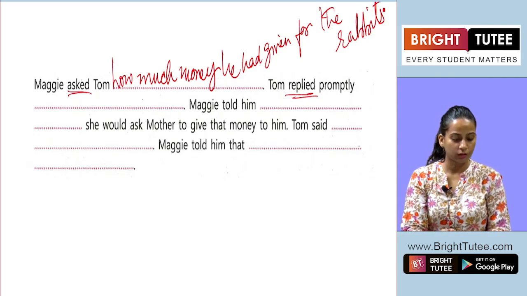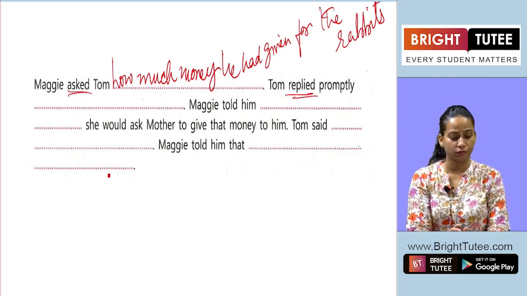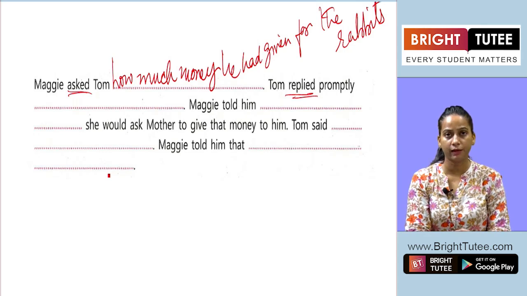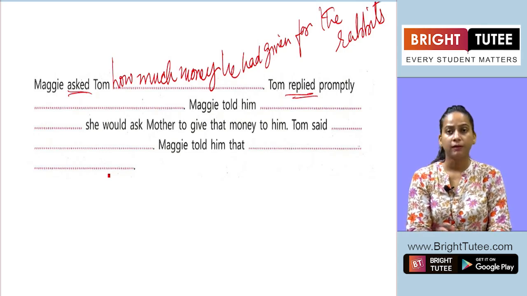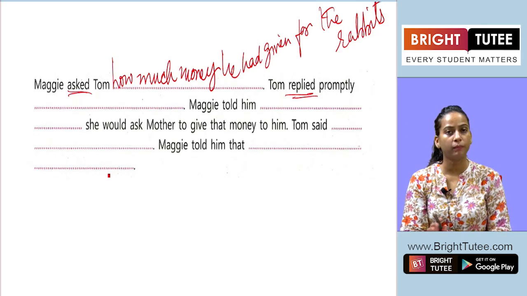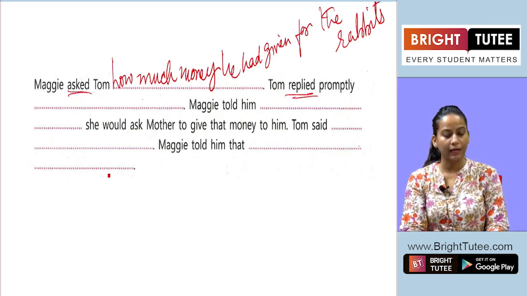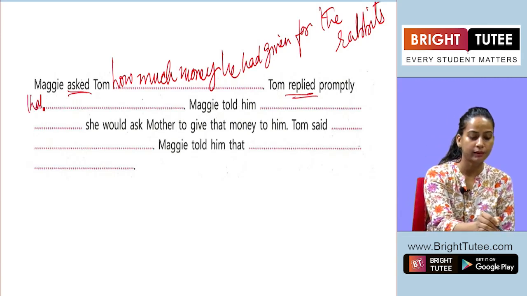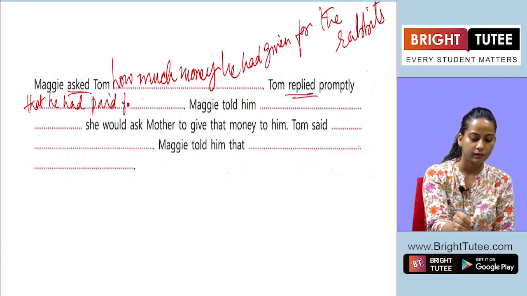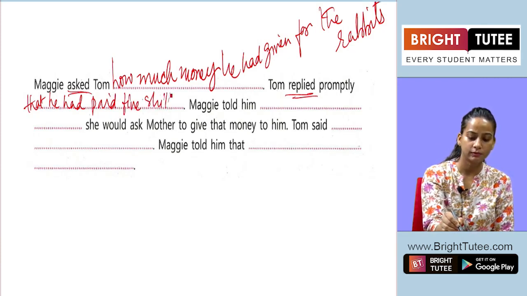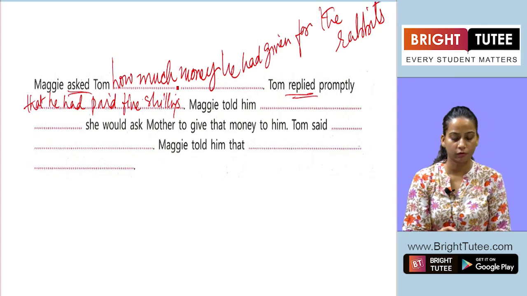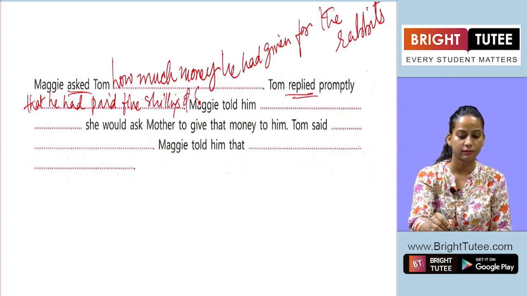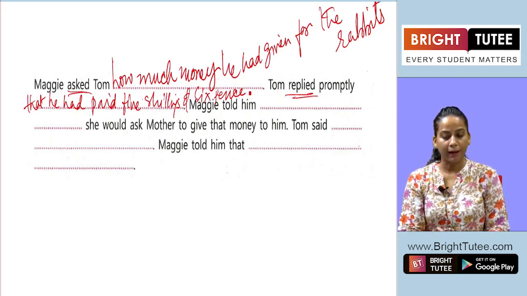Then based on the conversation of Tom, when he said 5 shillings and 6 pence, so then we are going to mention here Tom replied promptly that he had paid 5 shillings and 6 pence, that we have to mention from the conversation only. Clear? Maggie told him.